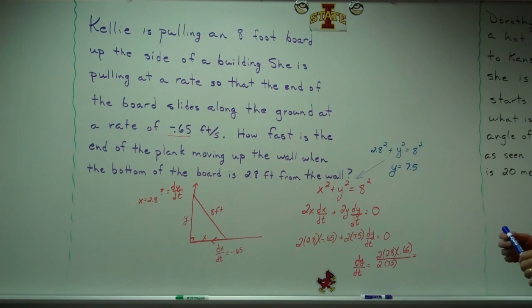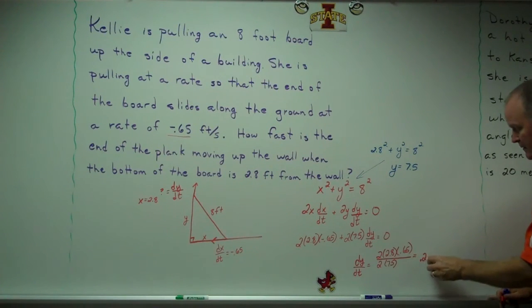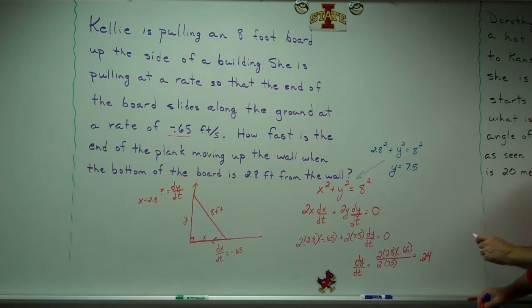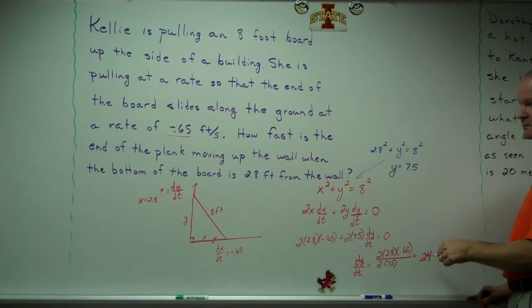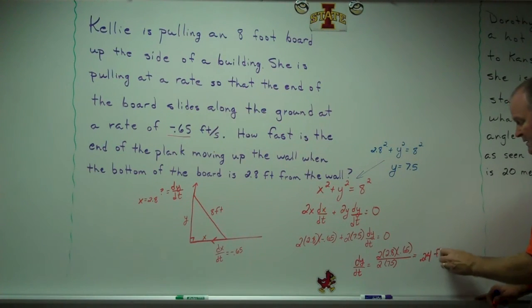What did you get? .24 from Eric. Or actually, it might be higher because I rounded it. Huh? .24 from Brianna? We have 2 confirms. And units on this? Feet per second, because it's a distance.